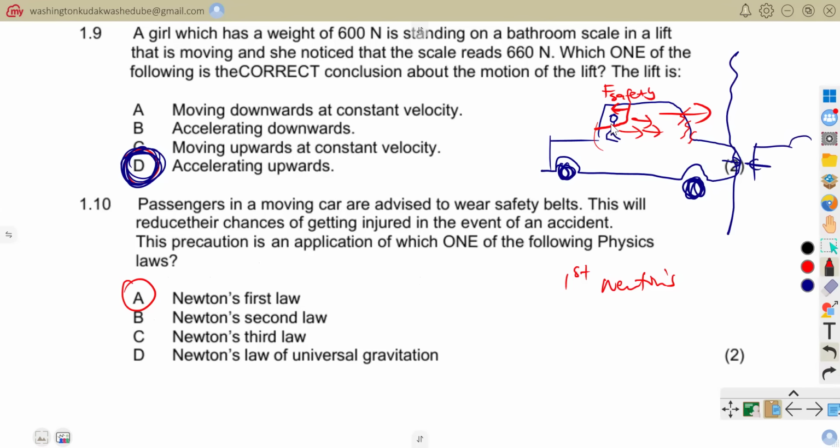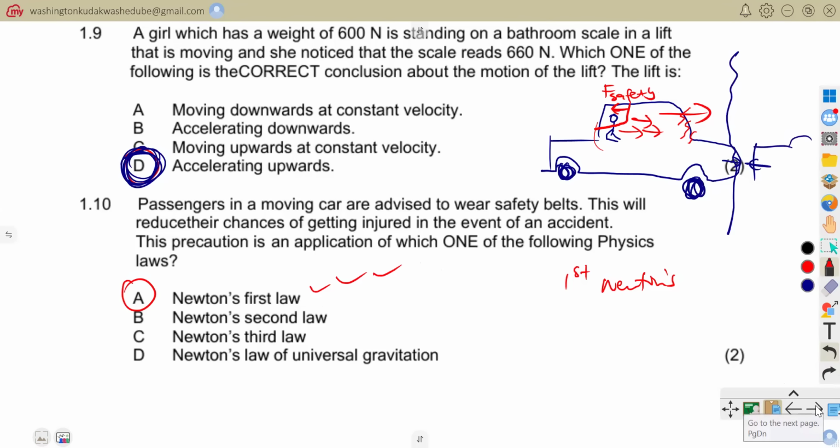This guy will be thrown out of this windscreen if there was no safety belt, because from Newton's first law, he will continue moving unless there's a force that stops him. That force is applied by the safety belt. So this is an application of Newton's first law.